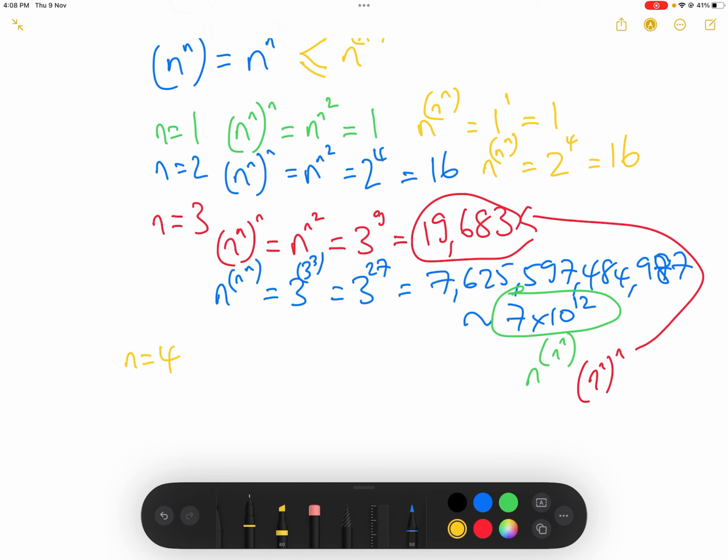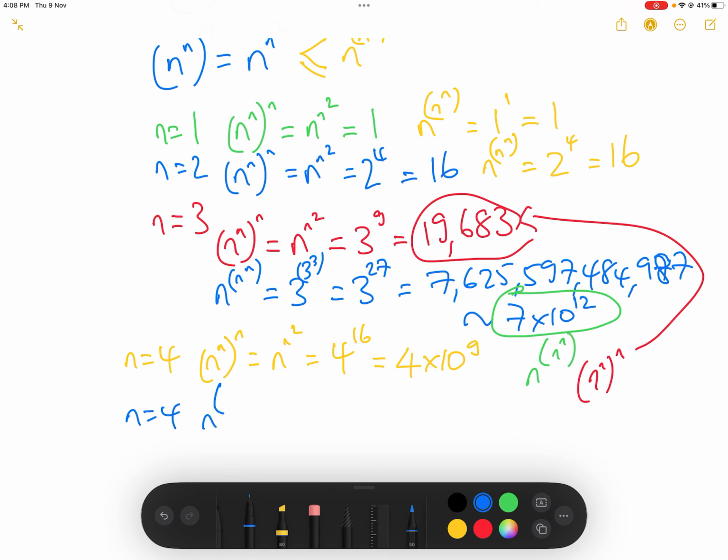So let's have a look at n equals 4. For n equals 4, (n to the power of n) to the power of n, which again is n to the power of n squared, is 4 to the power of 16, which is, I'm reliably informed, about 4 times 10 to the power of 9.